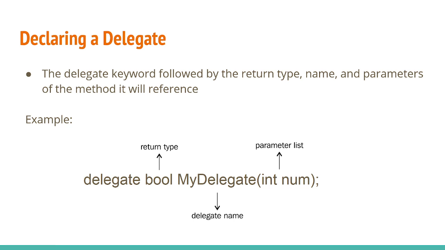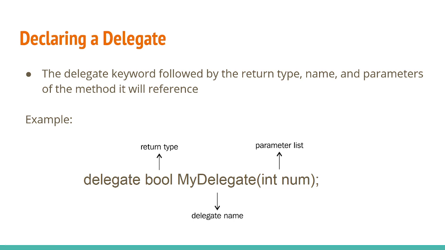The syntax of declaring a delegate is similar to a method declaration. Just forget about this delegate keyword. So how do we declare a method? We have the return type of the method, then the name of the method and the parameters of the method. So you can declare a method and then add a delegate.